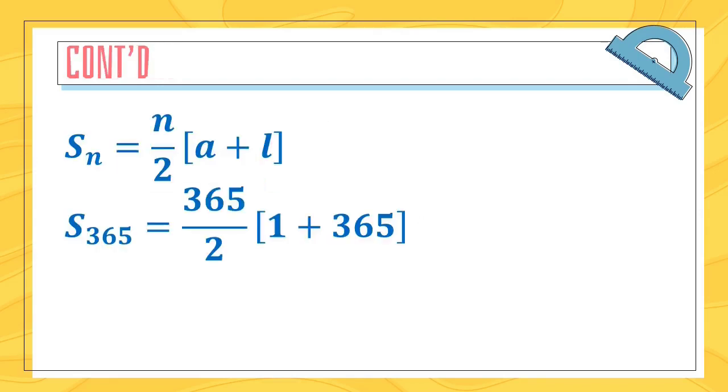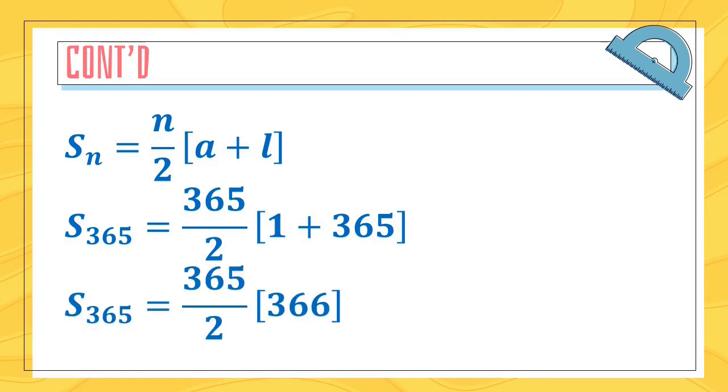And so to apply this formula, we are going to substitute the value for n, our first term, and the last term. So that will give us the sum of all the monies after 365 days. That will give us 365 over 2 multiplied by 1 plus 365. To simplify, 1 plus 365 will produce 366 multiplied by 365 divided by 2.